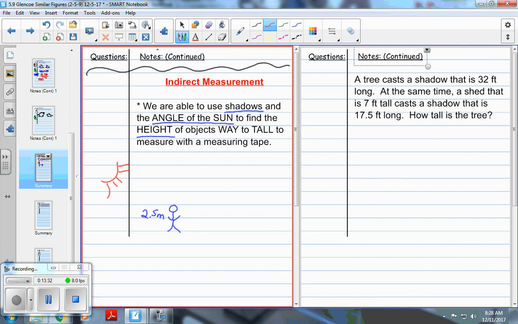Whenever you're outside, on most times, other than maybe high noon, you will have a shadow. So all of these problems use the fact that the sun angle at any given moment in time is exactly the same for any shape close to each other on Earth. What I mean by that is my shadow is going to have the same ratio as the school's shadow on the ground.